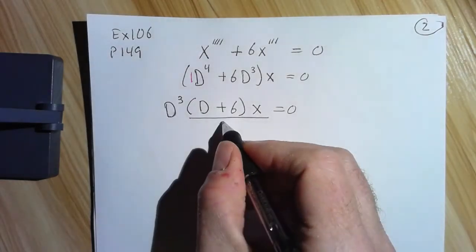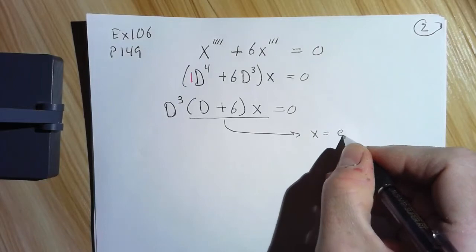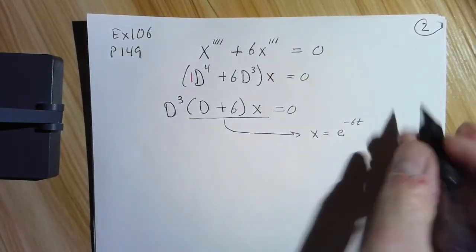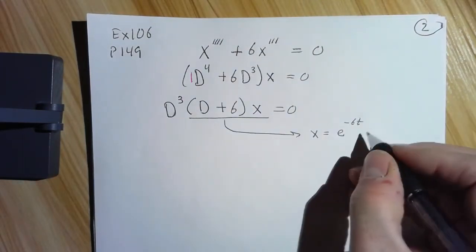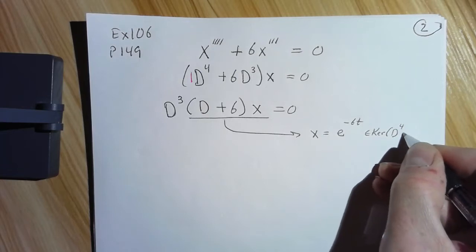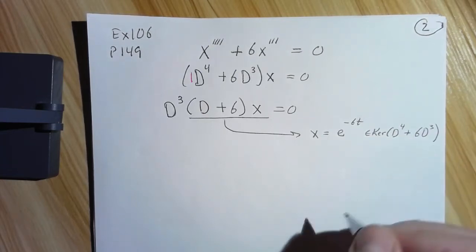And this part is fine, right? I'm going to get x = e^(-6t). That's going to be in the basis of this thing, so that's in the basis of the kernel of D^4 + 6D cubed.